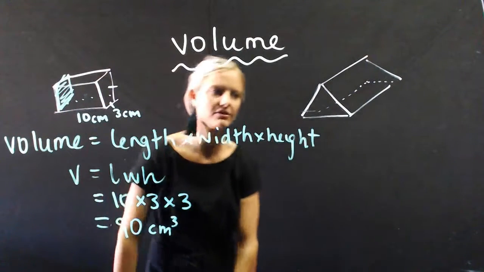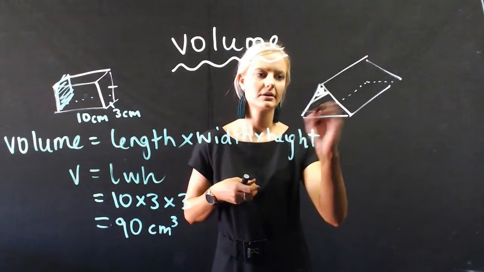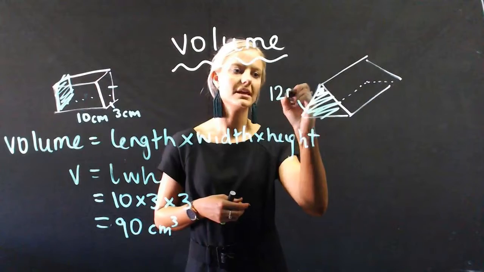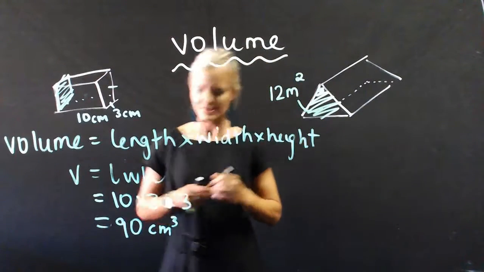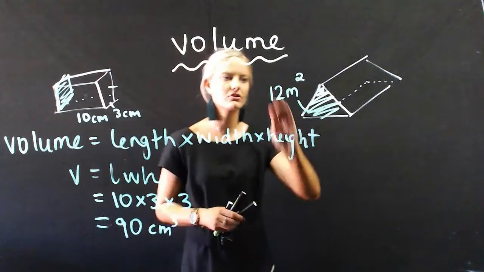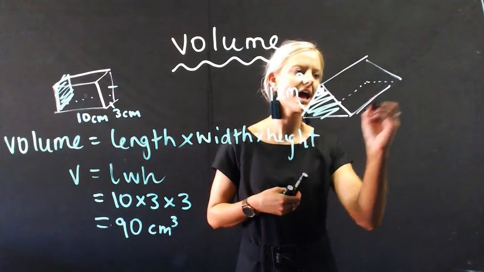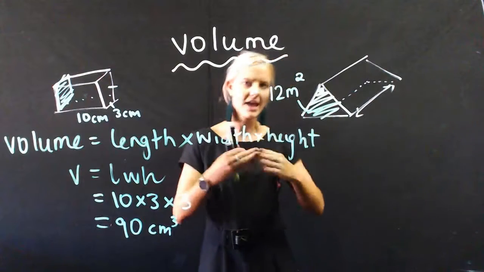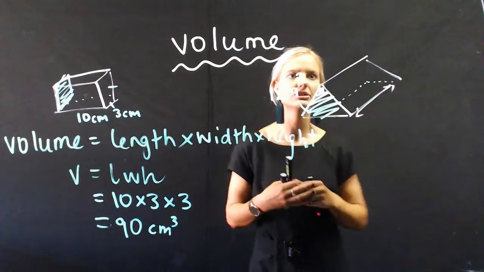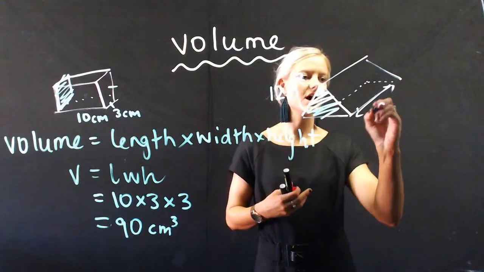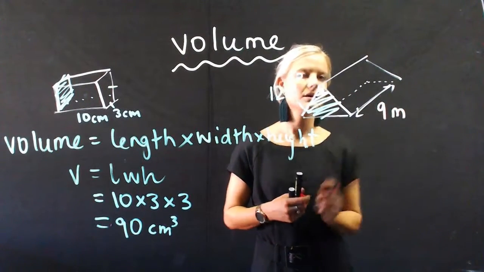So if we were given the area of this triangle, and let's say the area of this triangle is 12 metres squared, then all we need to do is think, okay, we've got the front face, the base of that object, we now need to think, how long is it? How many of these objects actually make up that 3D shape? The length of this object is 9 metres long.